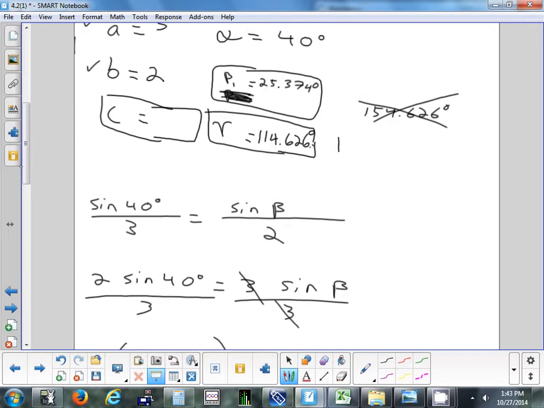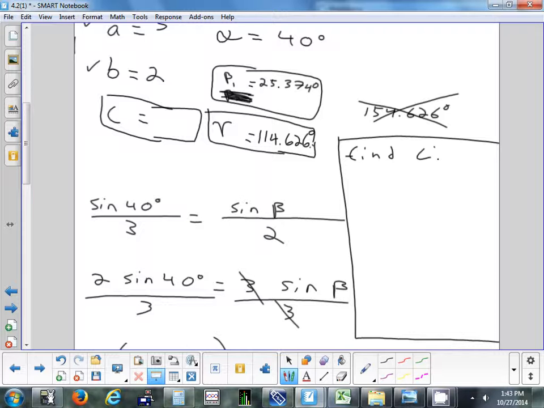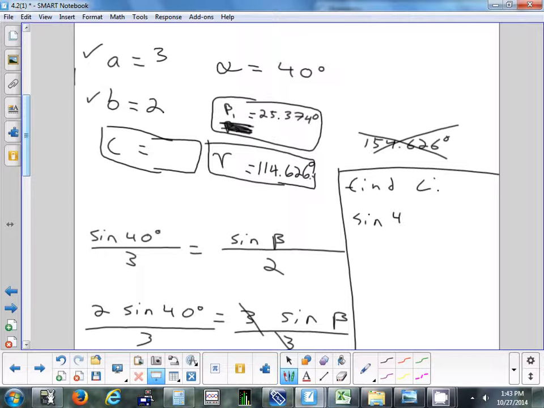So we'll find C. We're going to do sine of 40 over 3. And what will go on the other side if we're going to find C? Sine of what? So sine 114.626 divided by C.